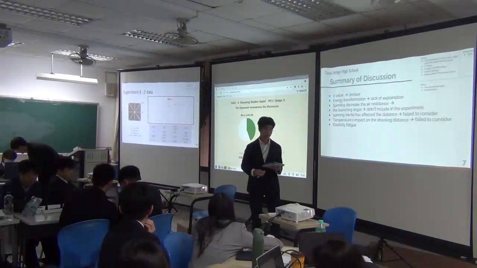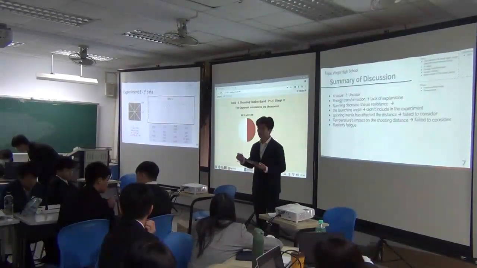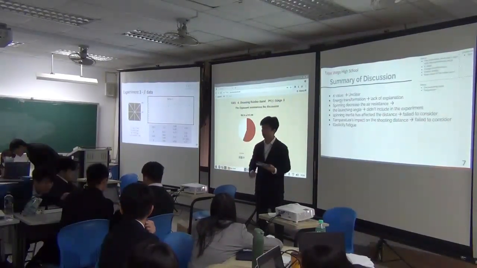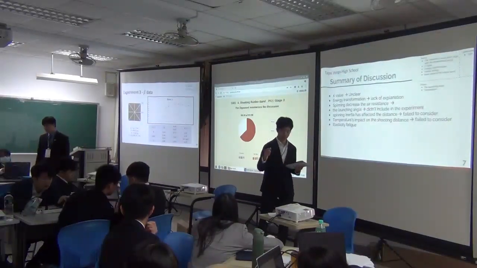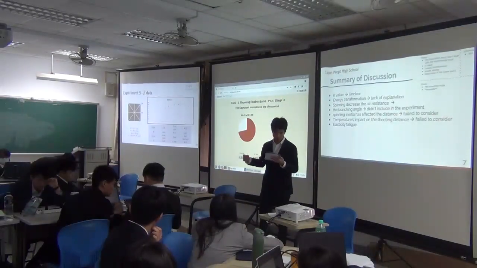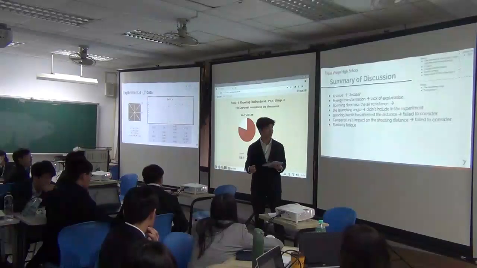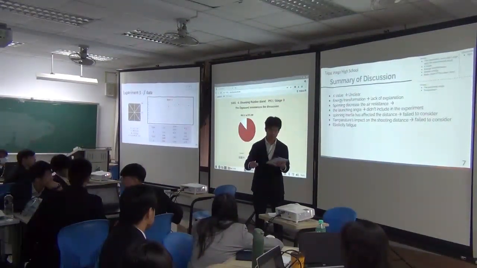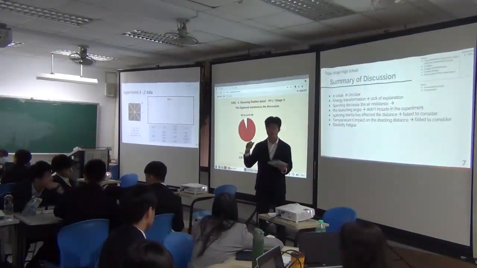And the report states that if we don't consider the elasticity fatigue, the more unevenly stretched the rubber band is, the more distance you'll get in the experiment. We also discussed the temperature impact on the shooting distance, but the report considered it a negligible value in the experiment.